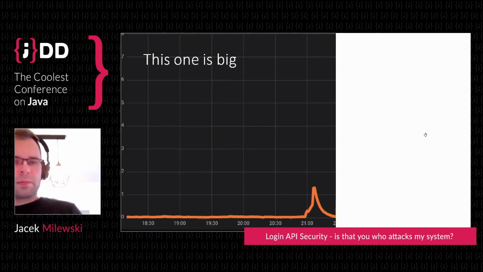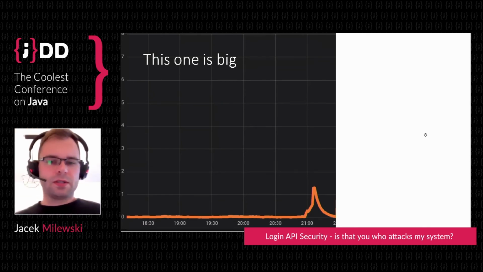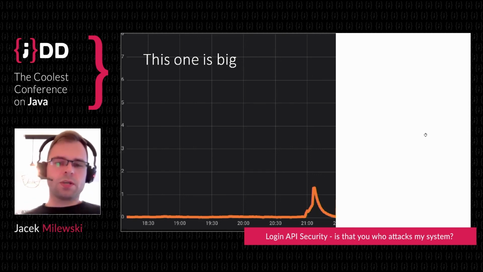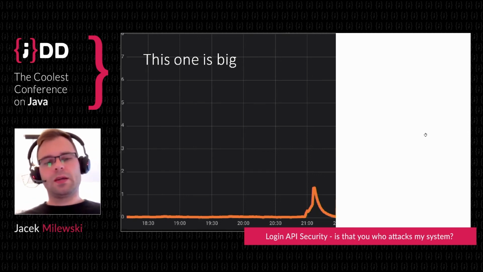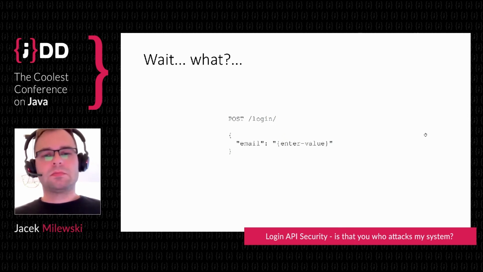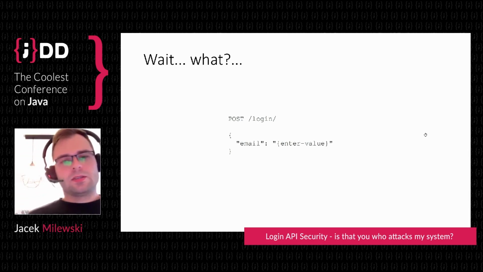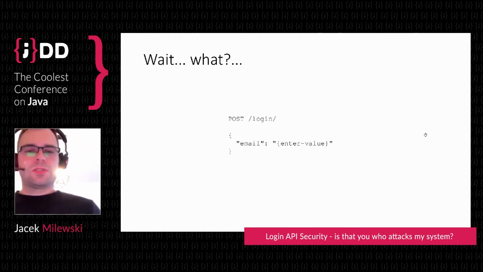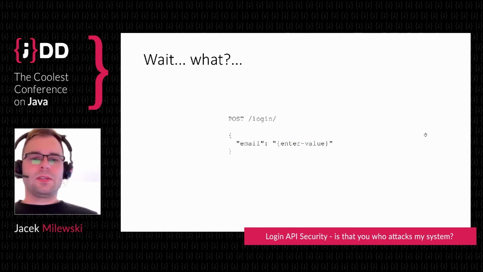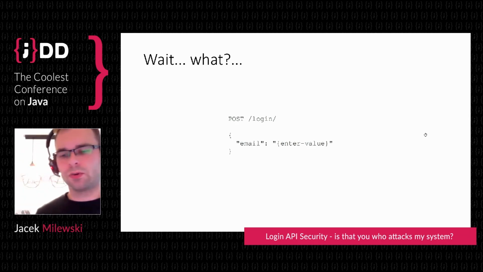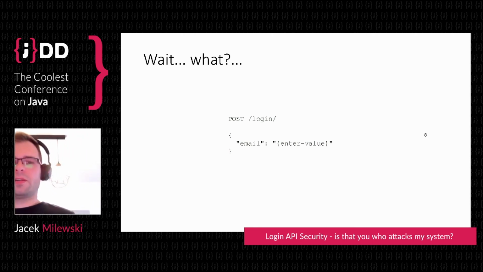So, the next attack. Here we have a traffic spike. At the zero level, let's say that is usual traffic, so we have a visible, pretty big spike. We investigated which emails were attacked, and it turns out that no emails were attacked, because there was a placeholder in the login request, like enter your email.